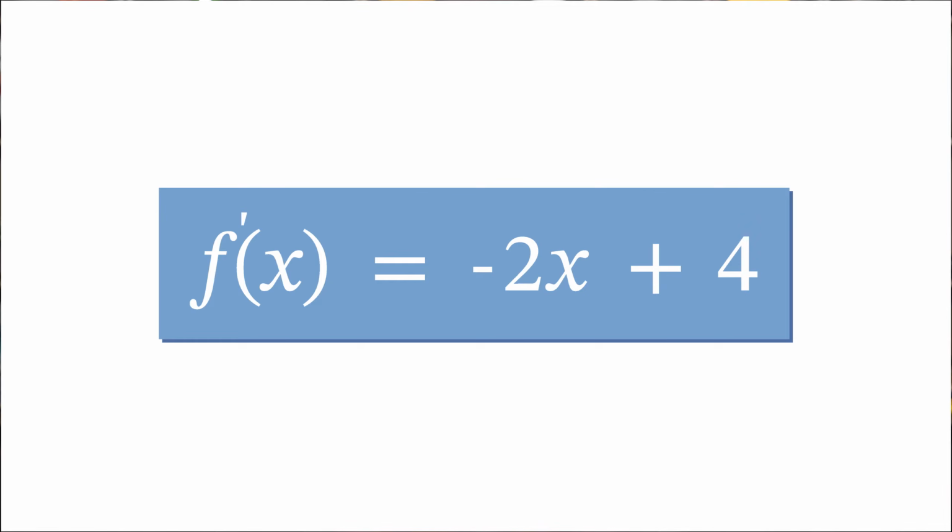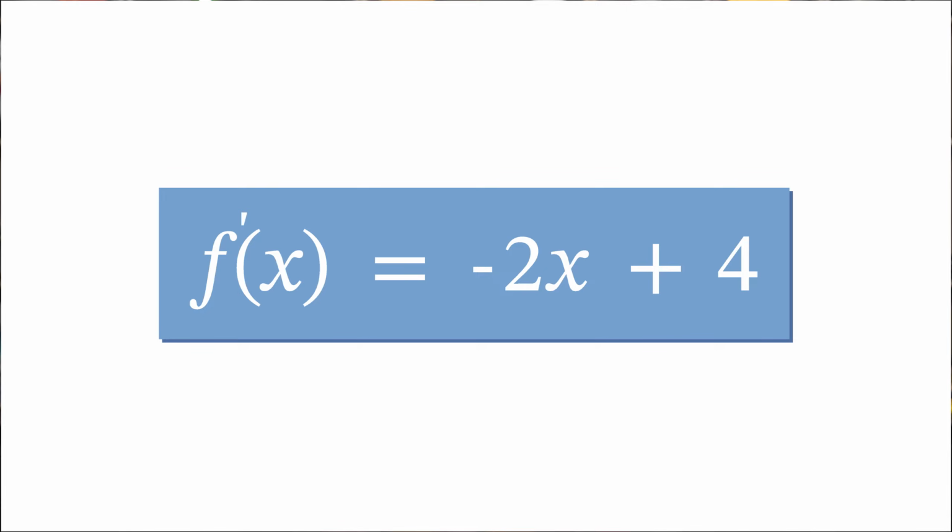For example, the function f of x equals negative x squared plus 4x is a downward opening parabola. We can find the maximum of the function by taking the derivative of f and solving for the x value that makes it go to 0 or not exist. Let's start by taking the derivative of f. F prime of x equals negative 2x plus 4.